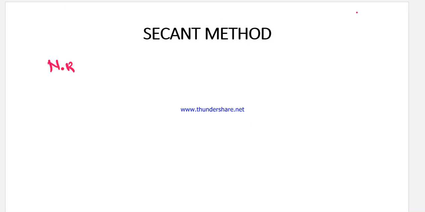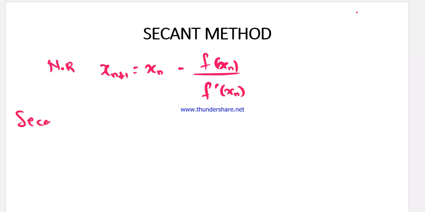You remember Newton-Raphson? To find the next x, you find it like this: function of xn divided by derivative of the function of xn. To use secant, you only replace this with algebraic difference instead of finding the derivatives.